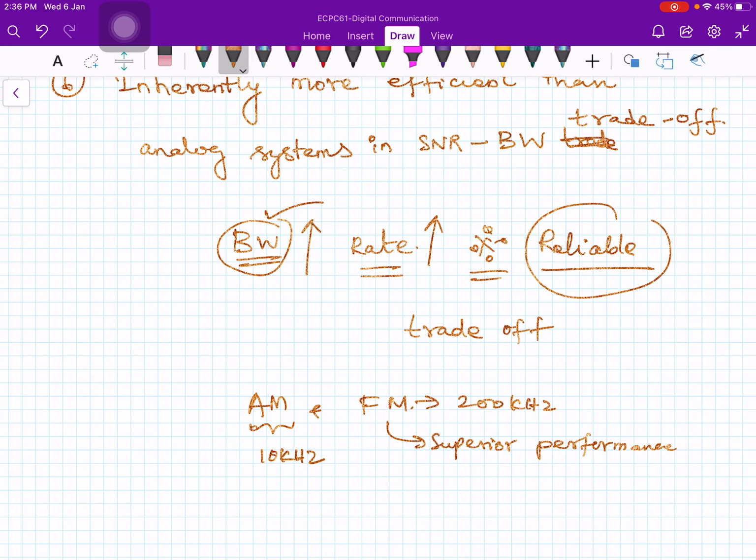The same kind of trade-off is going to take place in digital communication also. Now fortunately, again, digital communication scores over analog communication in the sense that this trade-off is more effective. The trade-off between bandwidth and performance is very good in digital communication compared to analog communication. So you can trade off bandwidth versus noise performance more effectively by using proper techniques.